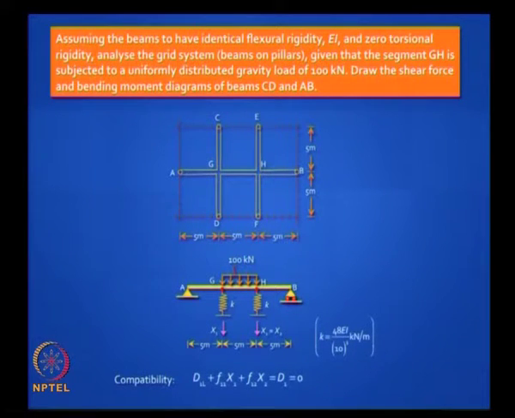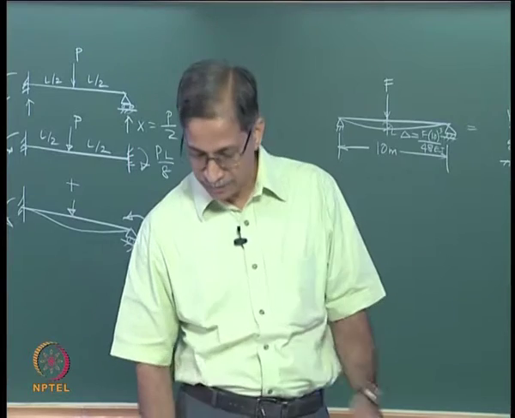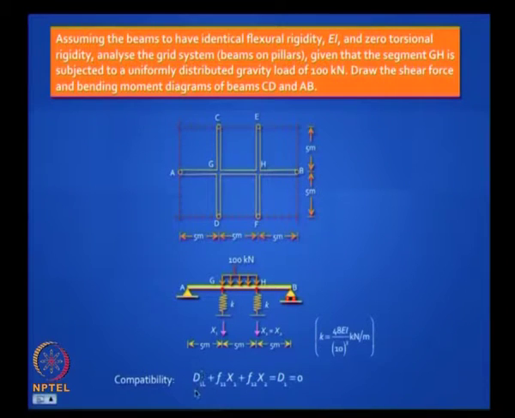So let us cut the spring at the base, let us see how much it moves. It should not move, there should be no separation between the cut ends. So your compatibility condition is d1L, that is the deflection here caused by this loading in the cut springs, plus F11 x1 plus F12 x2, this must be equal to 0. That is your conventional compatibility equation.